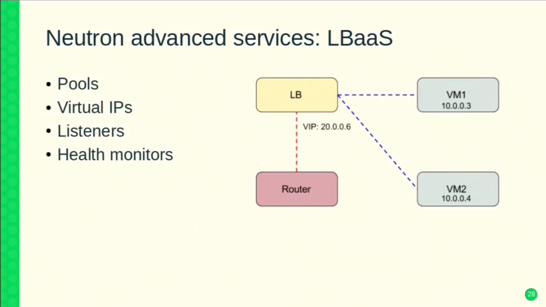VM1 and VM2 are part of the same pool, and they are associated with the same virtual IP. So that load balancer is part of Neutron?